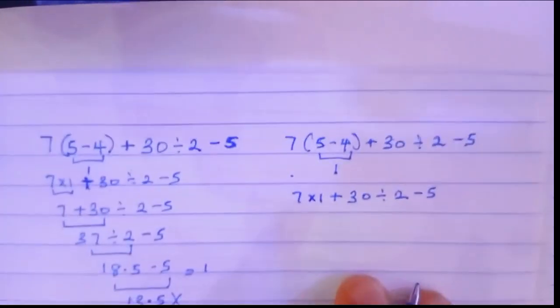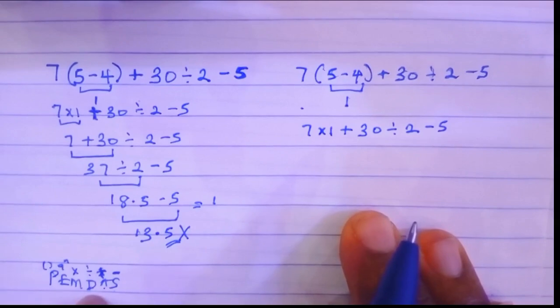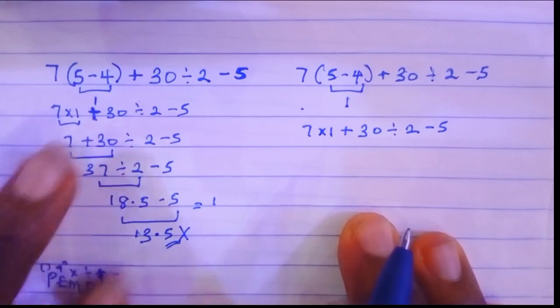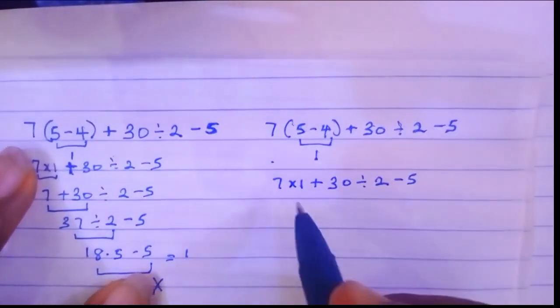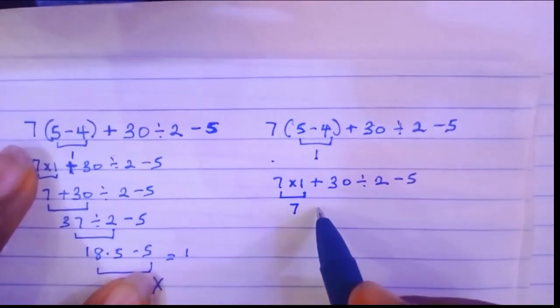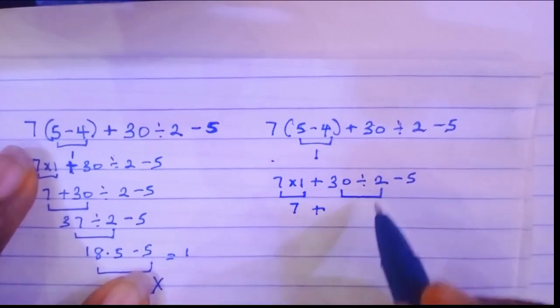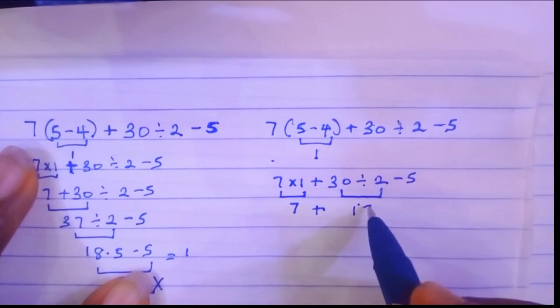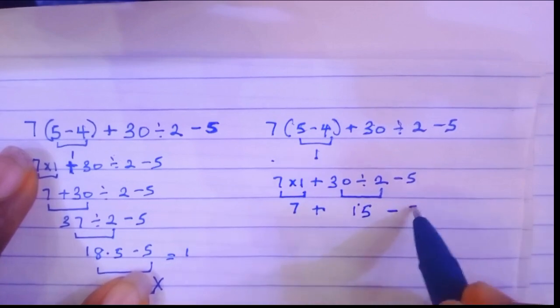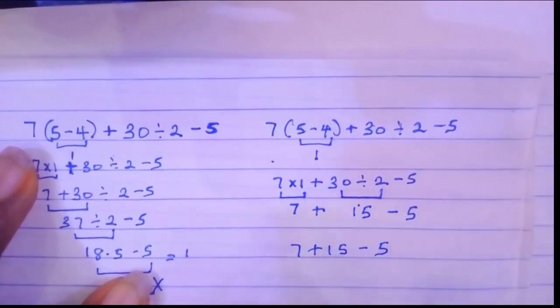Then if we look at our order again, we have the division here and we have multiplication, so we can solve this. 7 times 1, 7, plus 30 divided by 2, 15 minus 5. So we now have 7 plus 15 minus 5.